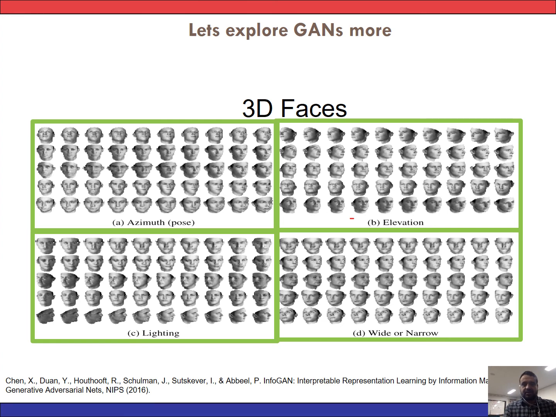The third dimension is related to the lighting condition in the input images, and the fourth dimension is related to the wide or narrow angle. So we want to explore this problem.